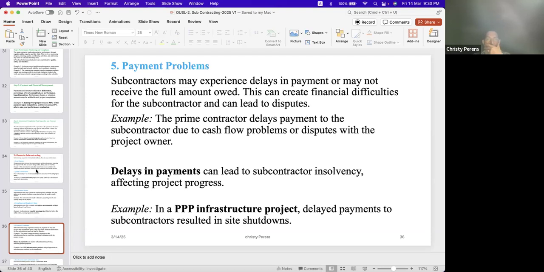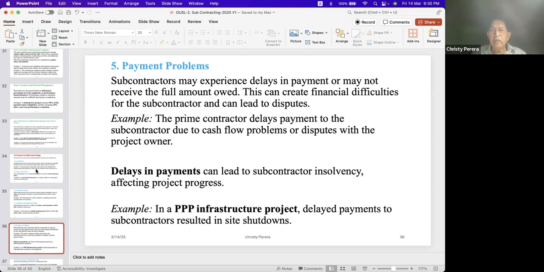In a PPP infrastructure project, delayed payments to subcontractors resulted in site shutdowns. Sometimes you will have to close down work on the site.